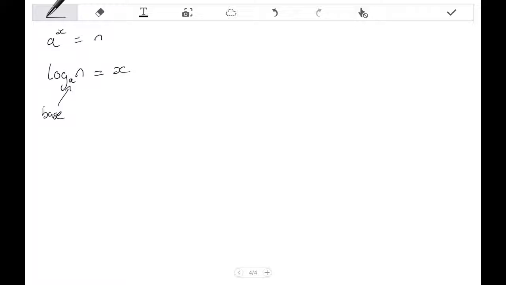Okay, I'll say that again. What power do I need to raise a to get n? Okay, so above we had that a to the power of x was equal to n. So we need to raise a to the power of x to get n. So that's what a logarithm is defined as.